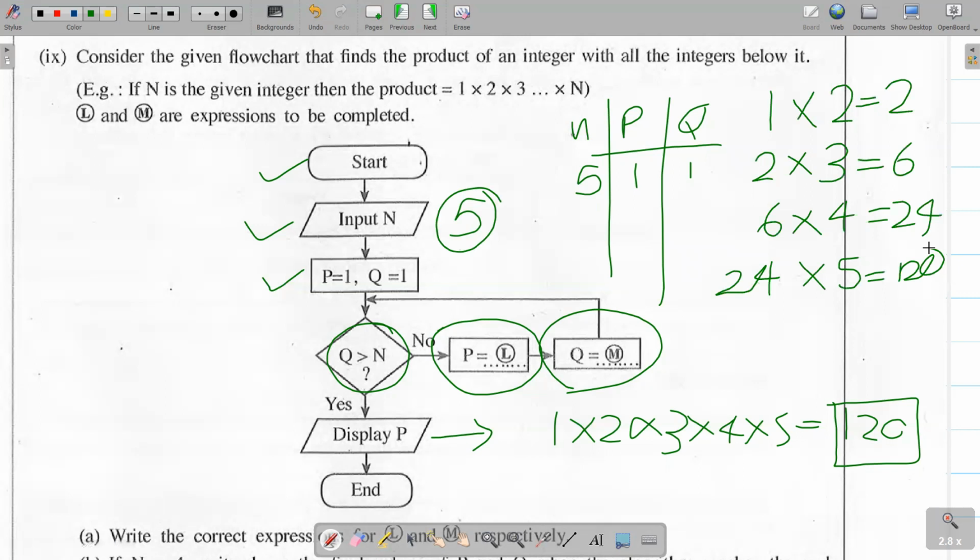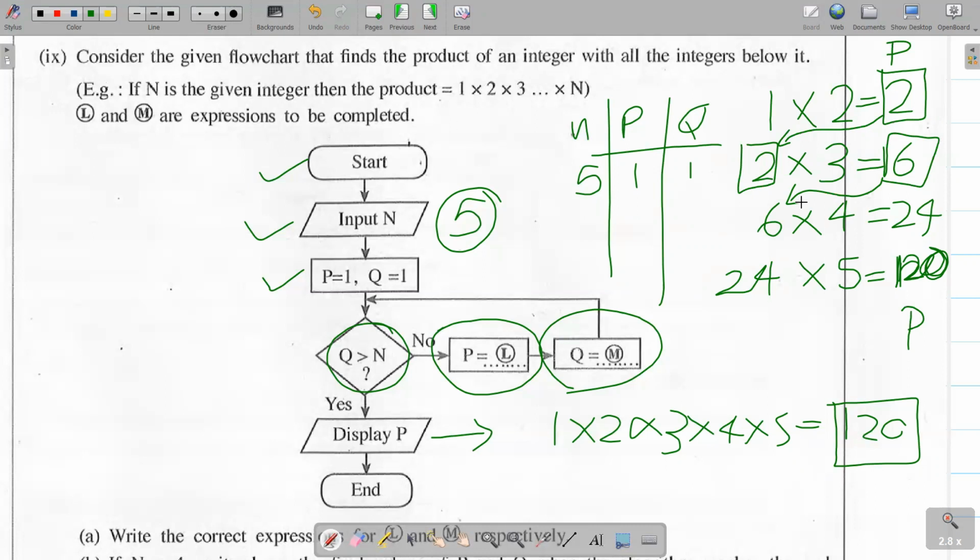Right? So this is the final answer that we are expecting, 120. What you can see is each and every time this answer is referred to calculate the next. So this kind of an equation will help us.